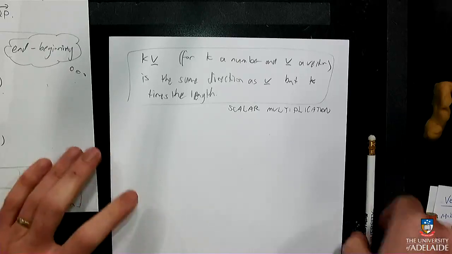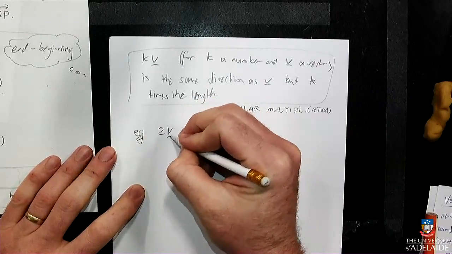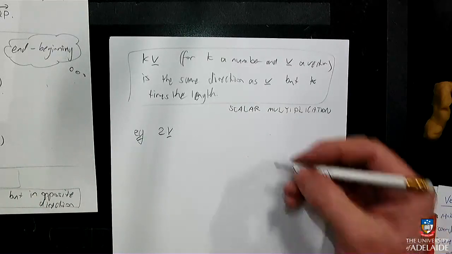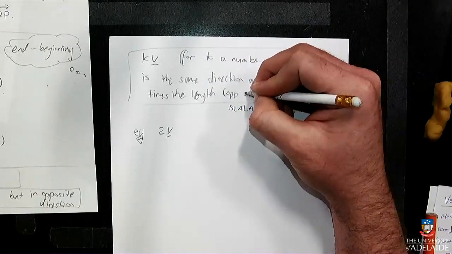And just as an example, 2v, well, it's not necessarily in the same direction. It's only in the same direction if k is positive. It's in the opposite direction if k is negative.